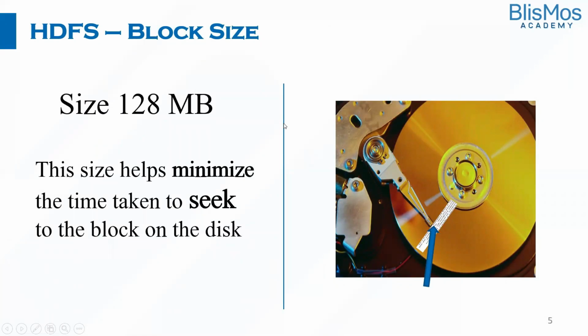128 MB is the default block size of Hadoop 3.4. Whenever you want to store a particular file in HDFS in Hadoop 3.4, that file would be split into 128 MB smaller chunks. But why do we need to have 128 MB only?